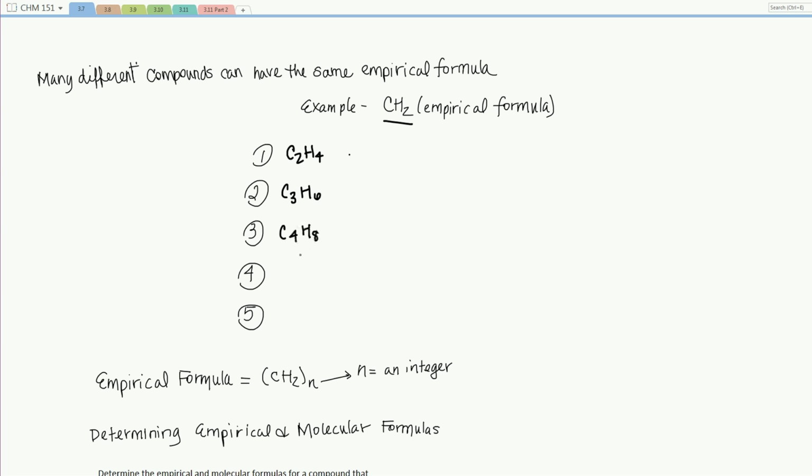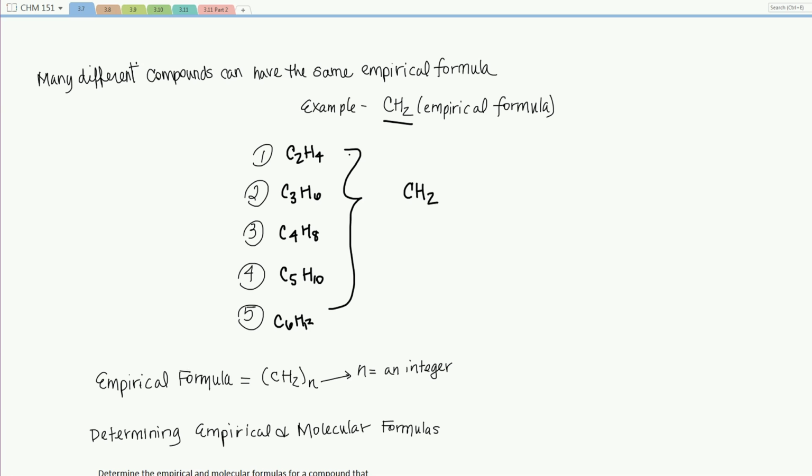C4H8, you would divide both by 4 to get CH2. C5H10, divide both by 5 to get CH2. And C6H12, you could divide both by 6 to get CH2. So all of these compounds have the same empirical formula of CH2.